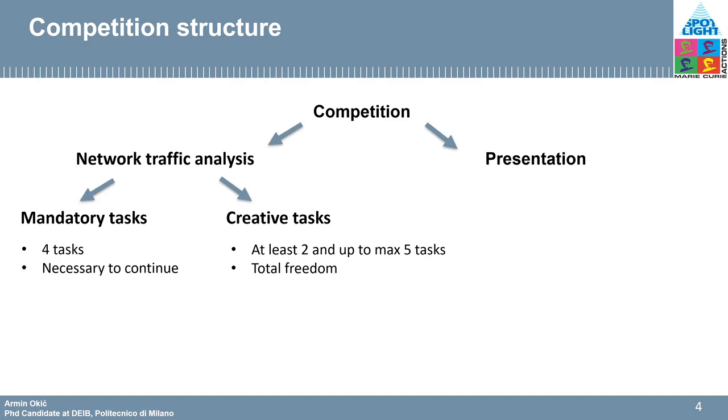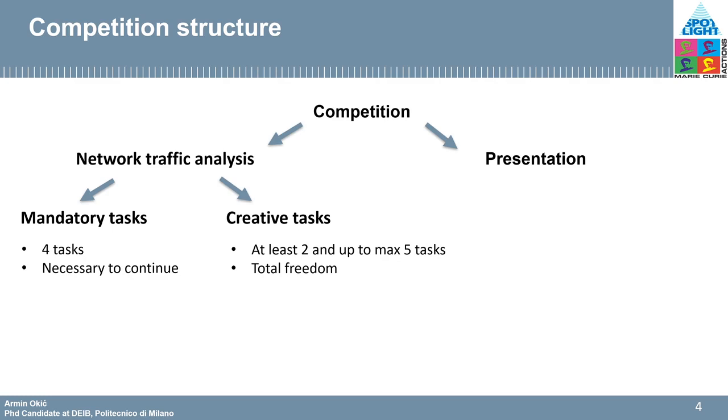There are 4 tasks that you need to do, and these tasks are basically to create some specific statistics. These 4 tasks are defined by us, and this phase is necessary to be done if you want to continue to the next phases of the competition.